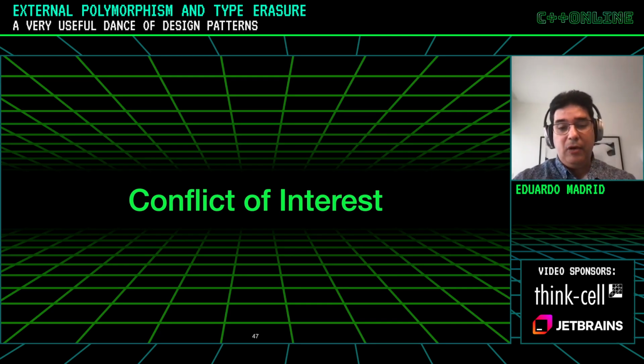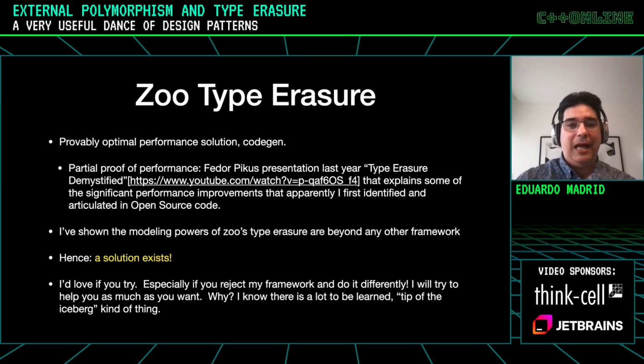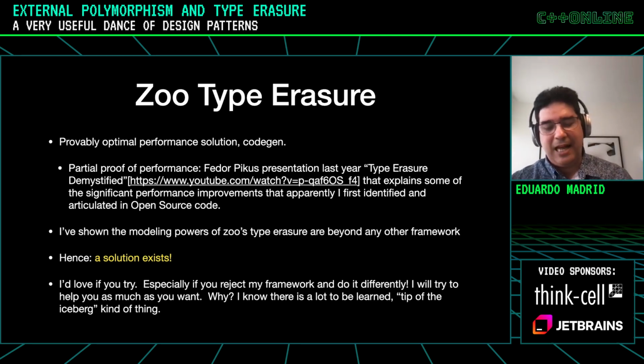Well, now I have a conflict of interest because I want this presentation to not be about the way in which I approach these problems. I want this presentation to be more neutral. But at the same time, I need to say that there is a solution already there that takes care of vast tracts of the problematics of standard function.